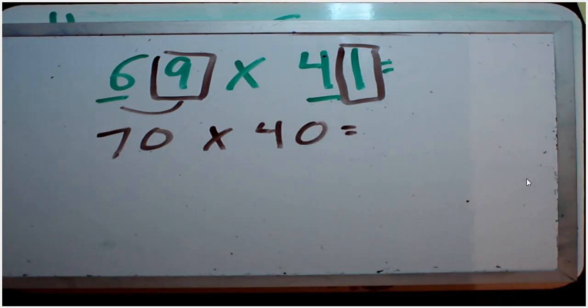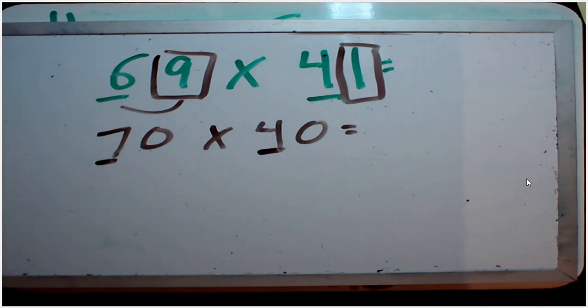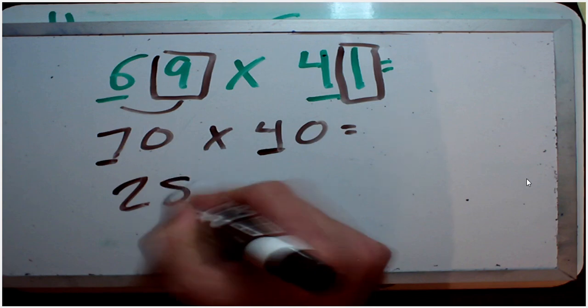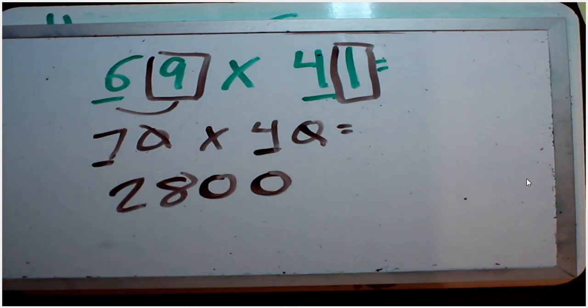We've been doing this for the last 2 weeks, so you should be very comfortable now with solving problems that end in zeros or multiples of 10. So my basic fact is 7 times 4. So 7, 14, 21, 28. And I have 2 zeros to add onto there. I get 2,800 as my final product.